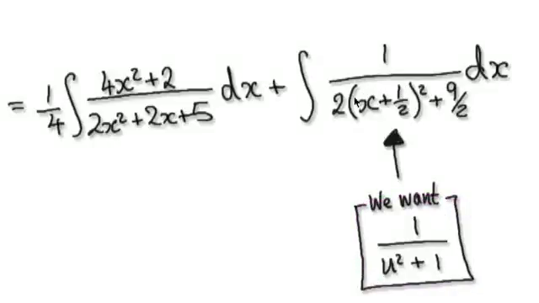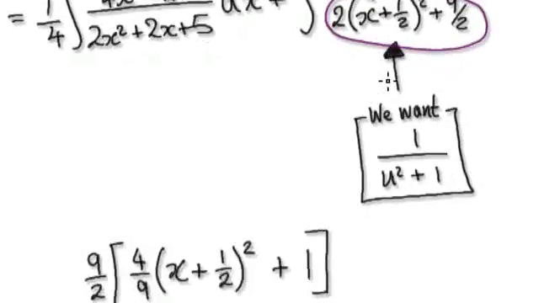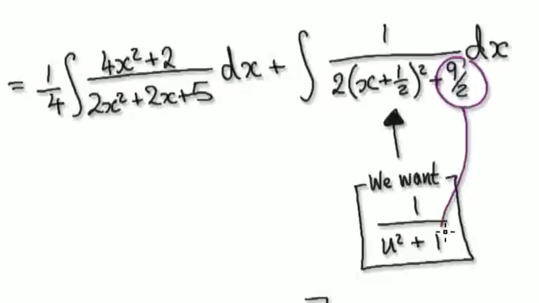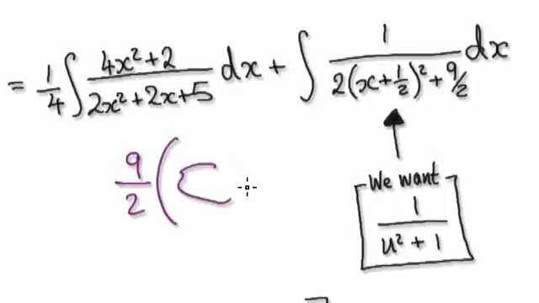So looking at this bit here, to create the 1 here, we can factor out 9 over 2. So we're going to have something squared plus 1.